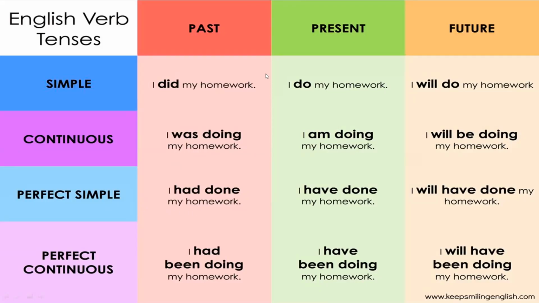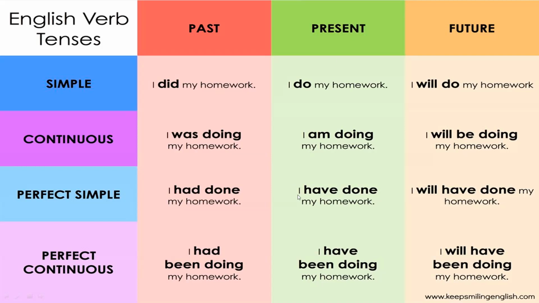The same thing for present perfect. Perfect equals verb to have plus V3. And because we are talking about present, we will put verb to have in its present form. The present form of verb to have is either have or has.